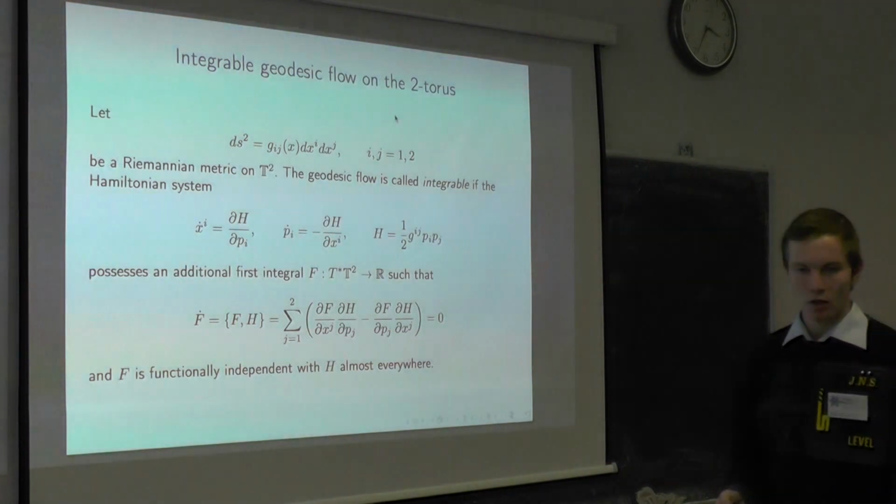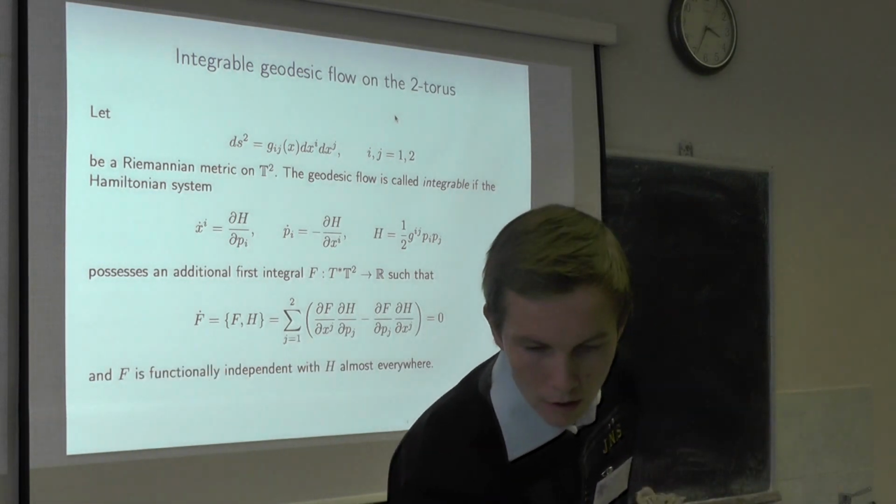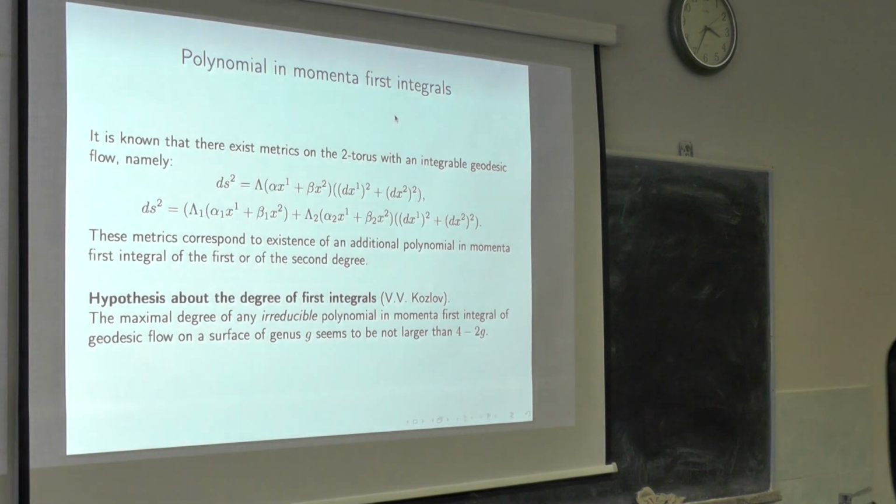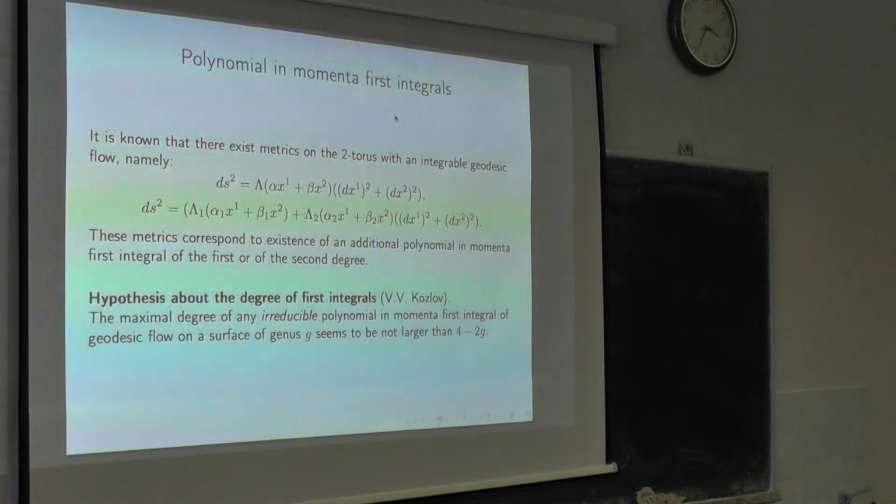This is the definition. And the question now is as follows. Which metrics exist on a two-torus, or maybe not on a torus, but on an arbitrary surface, for which the geodesic flow is integrable.